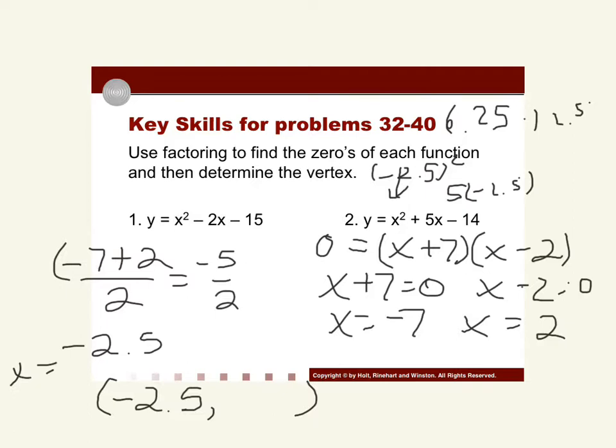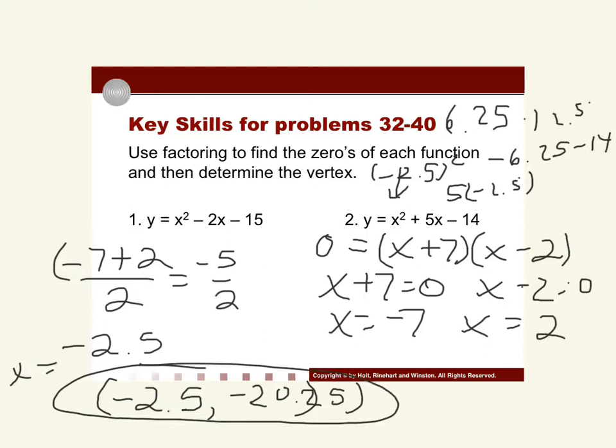Now I have a negative 6.25 minus 14, which will be a negative 20.25. And then there's my vertex for that one.